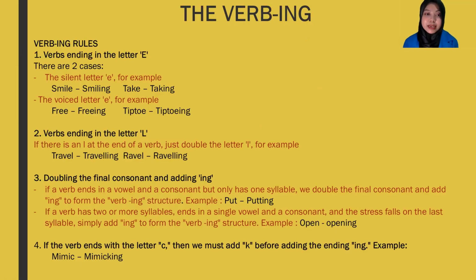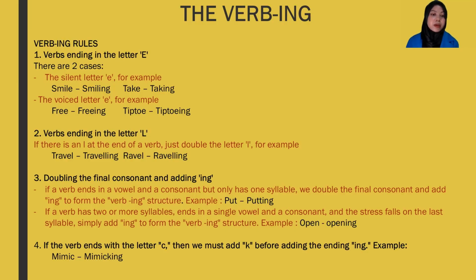The voiced letter E, for example, free becomes freeing, tiptoe becomes tiptoeing. Second, verbs ending in the letter L. If there is an L at the end of a verb, just double the letter L. For example, travel becomes travelling, revel becomes revelling.